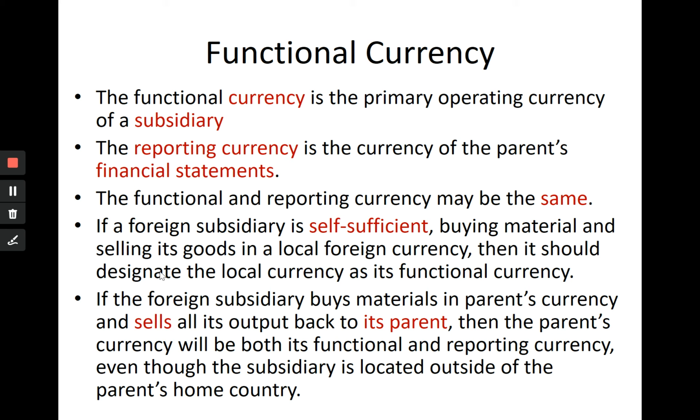To put it simply, if we have a factory in China and that factory uses raw materials in that local market and then sells its products in that market and internationally, then our functional currency should be the Chinese renminbi, or Chinese currency.